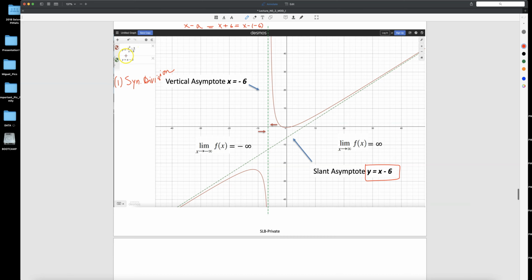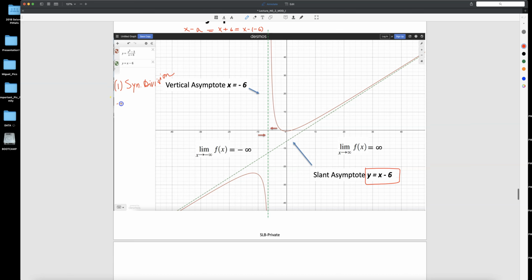Okay? If you have another type of polynomial, then make a full, or what is called long, polynomial division. So you need to review that. You need to remember that from college algebra.